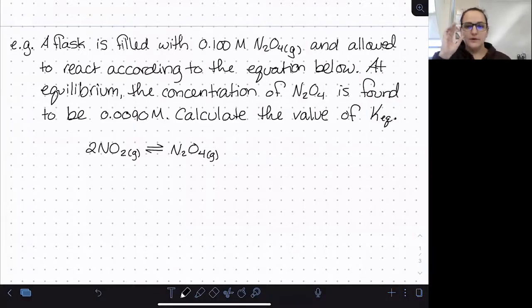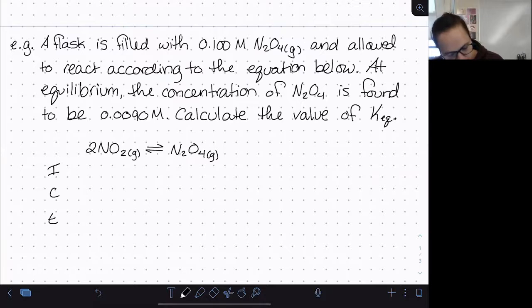So once again, we're going to want to set up and fill out an ice table first. So we'll have initial, change, and equilibrium rows. We are given our initial concentration of N2O4. N2O4 is our product, so that's going to go over there.